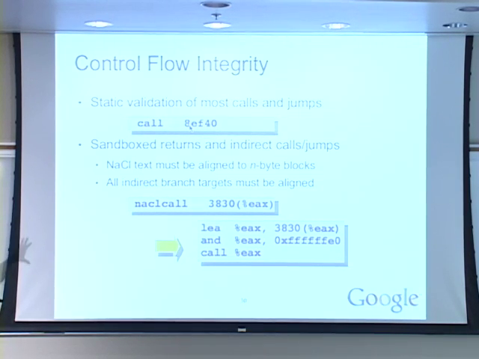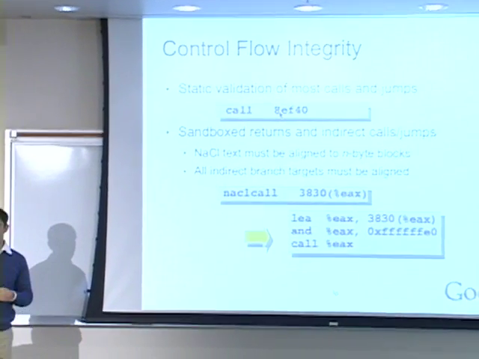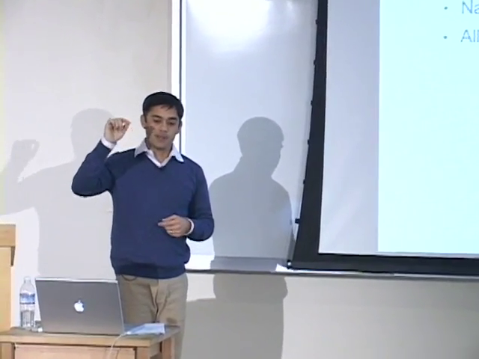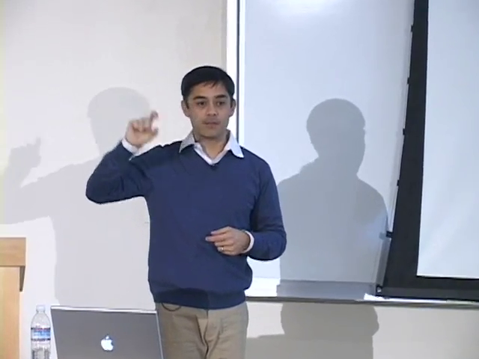So the first thing that we're going to do when we get a native client module and we want to decide whether or not we run it is we're going to disassemble it from top to bottom, and we're going to use that to define the address of every instruction that possibly can be executed. In other words, if there's an address that's sort of in the middle of an instruction someplace, that will be off limits. We will not allow control flow to transfer to the middle of an instruction.